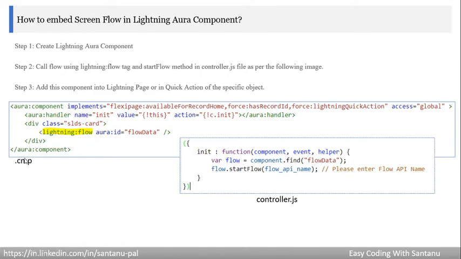So here the tag is lightning:flow, and in the controller.js file, we need to use the startFlow method, where we have to send the flow API name. In this way, we can invoke the Lightning flow in Lightning Aura component. After creation of the Aura component, we can use this component in a Lightning page or quick action of the specific object.